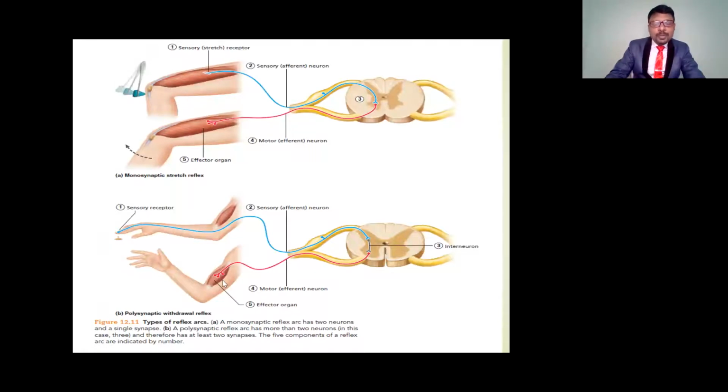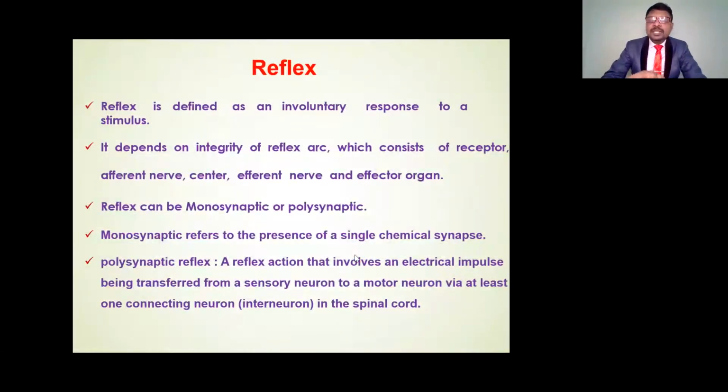All the components should be there to result in the reflex. If anybody has nerve damage, how will the signals pass to the center? They won't pass, so there may be a chance of loss of reflexes. That is the physiological mechanism of the reflex.